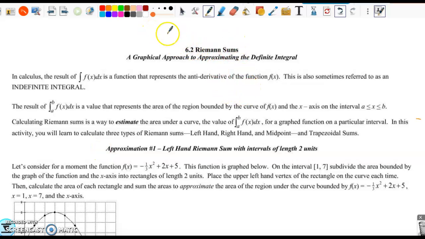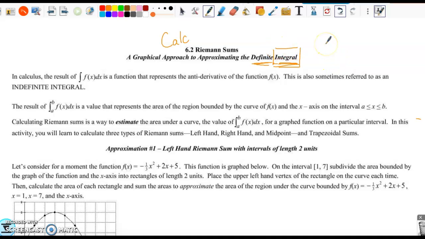What we're going to start with in 6.2 is what are called Riemann sums. It's a graphical approach to setting up a definite integral, which is a new term for you, but I might as well just give it away.